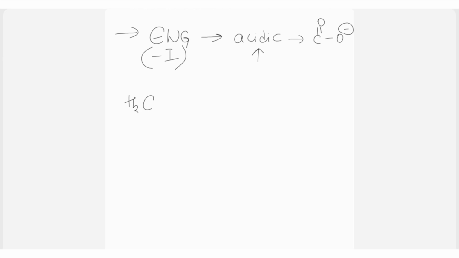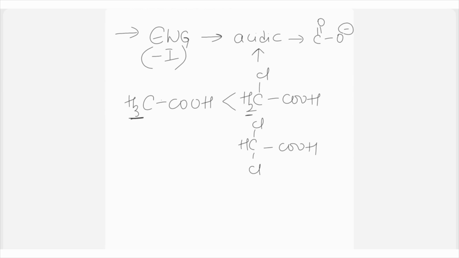So if we look at simply the acetic acid, we know acetic acid is a weak acid, that is vinegar that we use every day. Then suppose if one of the hydrogens is replaced with an electron withdrawing group like chlorine, then the acidic nature is going to be increased. Suppose if the other hydrogen is also replaced, CHCl2COOH, then the acidic nature is even more increased.